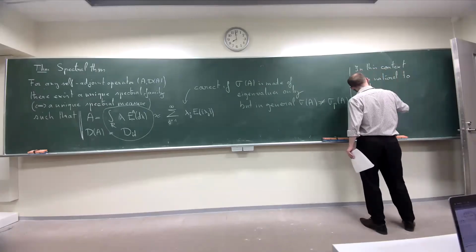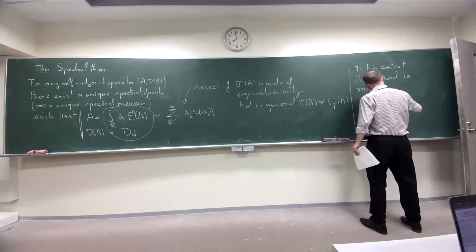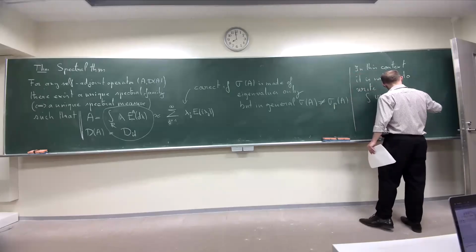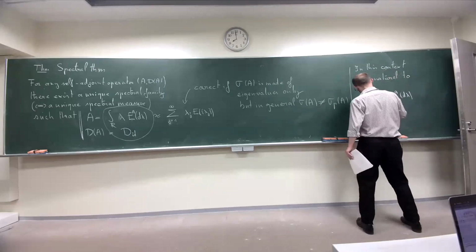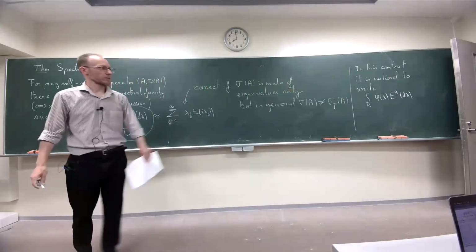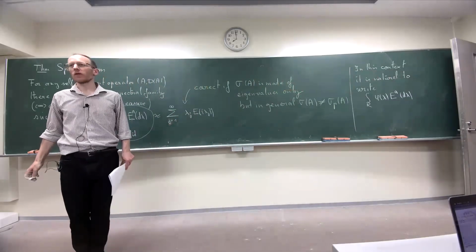Remember, just before I have introduced the general situation, I've written this not only for the identity function, but for an arbitrary phi. How should you call this operator?